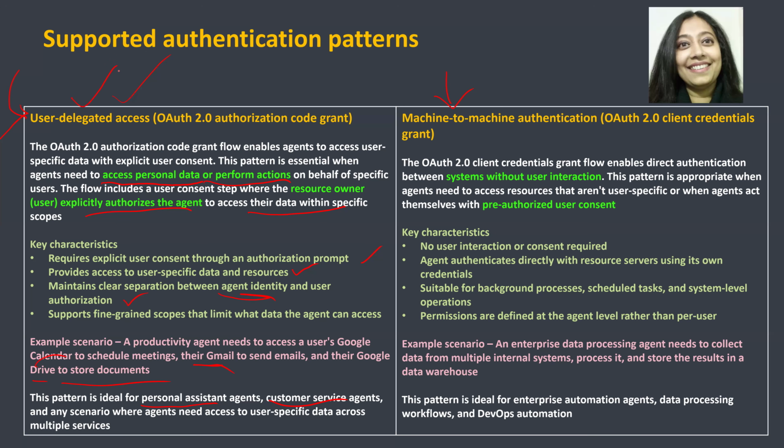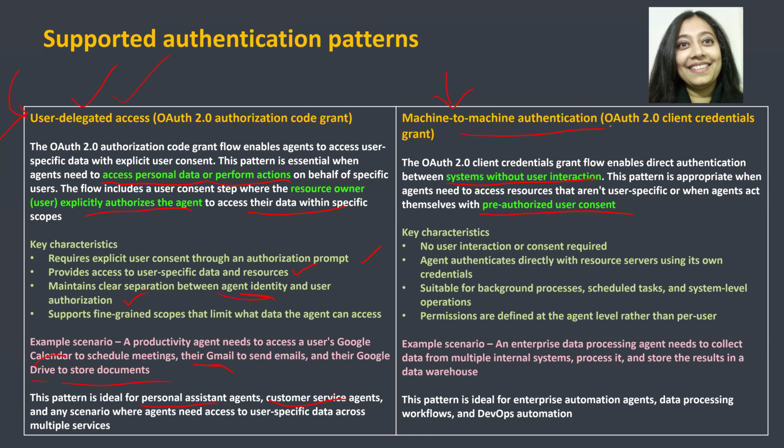On the other hand, let us look at machine to machine authentication. As the name suggests, there is no user interaction. And this also says that there is pre-authorized user consent to perform that action, or basically, you don't need any user's consent over here. So when an agent has to perform any action without user interaction or user consent, or you can say with pre-authorized user consent or access, that's when you can use machine-to-machine authentication.